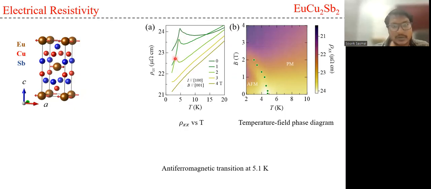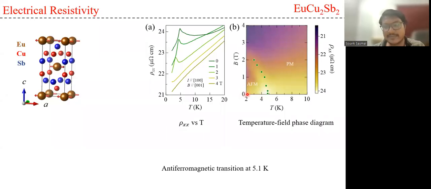It goes down, and with very high magnetic field, let's say 4 Tesla or 5 Tesla, this antiferromagnetic transition vanishes. Here I have shown the field-temperature phase diagram, and we separated it with this dotted line into the antiferromagnetic state and the paramagnetic state.